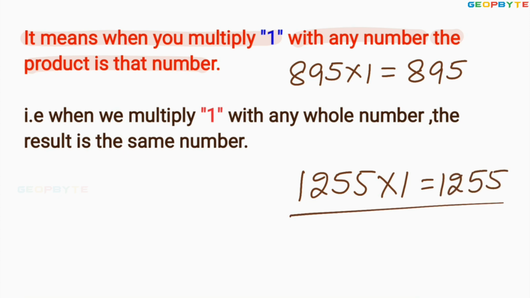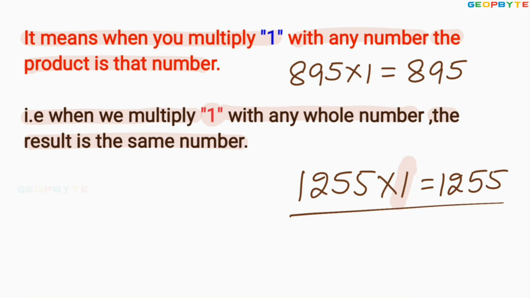That's why we have concluded 1 is the identity element for the whole numbers under multiplication. The other conclusion is that when we multiply 1 with any whole number, the result is that same number only. I hope all of you clearly understood the identity element for both addition and multiplication.